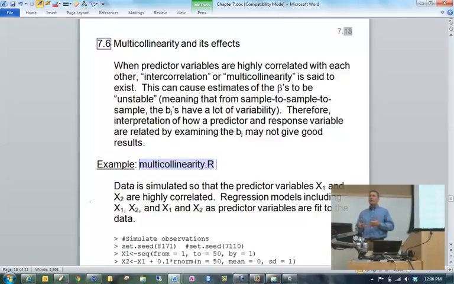Another reason is that computation problems can occur. For those of you who've had a matrix algebra class, remember this particular equation that we are using, that we learned about first in Chapter 5. You know that there could be problems with finding an inverse of the matrix, depending upon the form of the matrix. We need this x prime x to be non-singular.